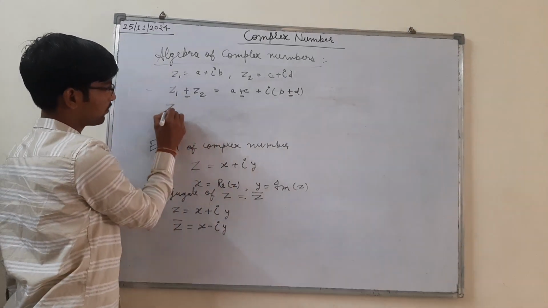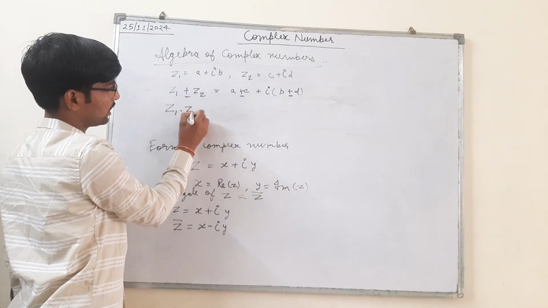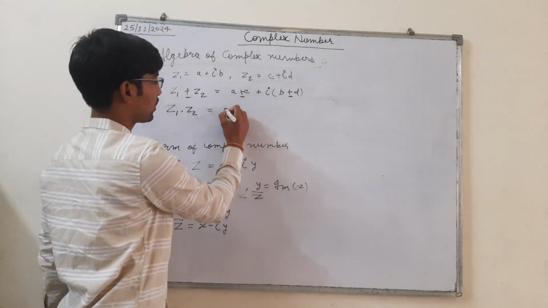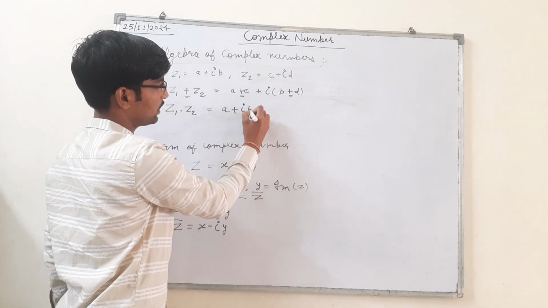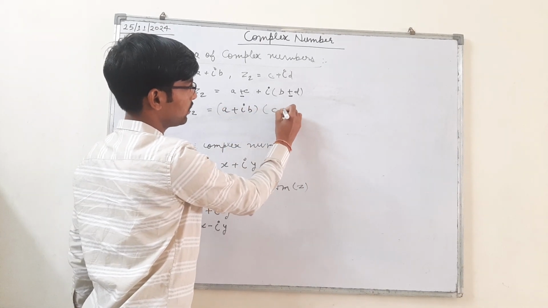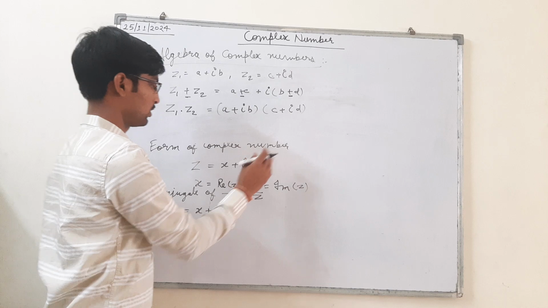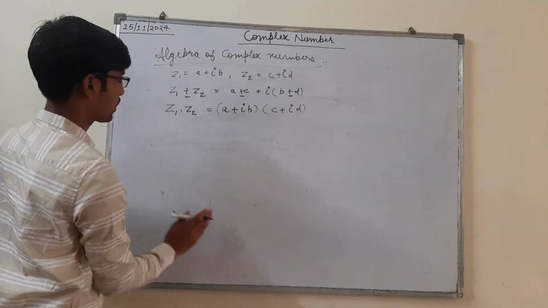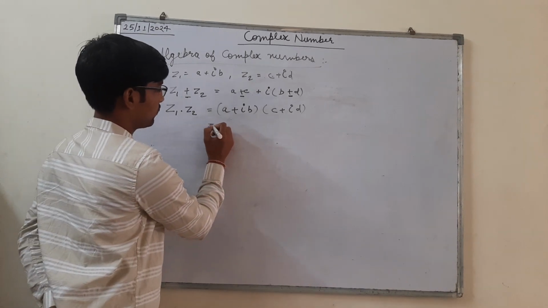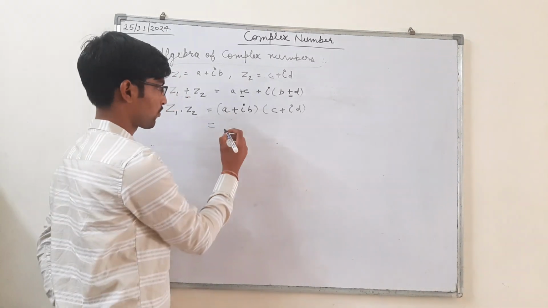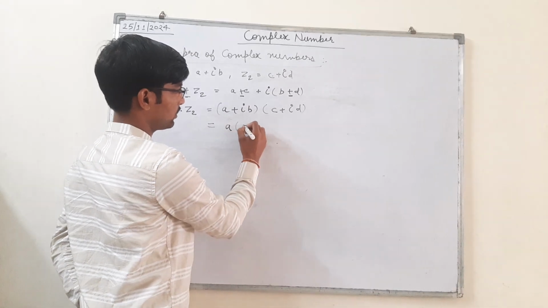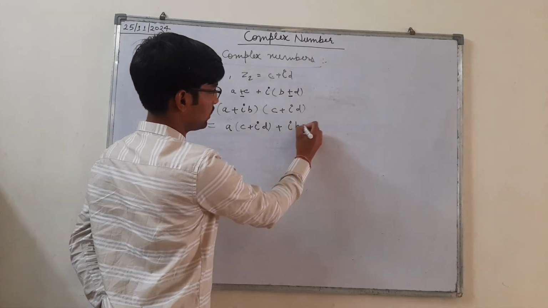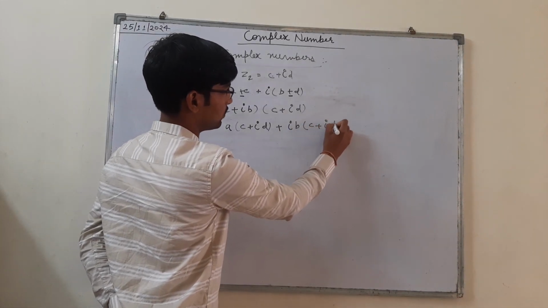And if we multiply z1 into z2, then it is equal to a plus iota b multiplied by c plus iota d. We multiply like we multiply real numbers. First multiply a with c plus iota d, then multiply iota b with c plus iota d.